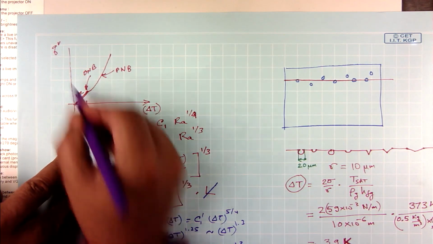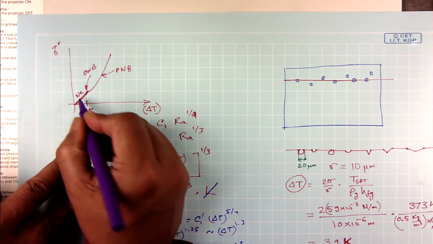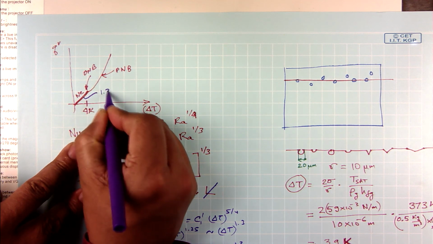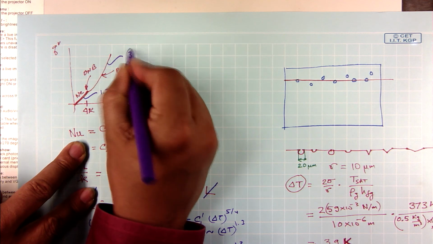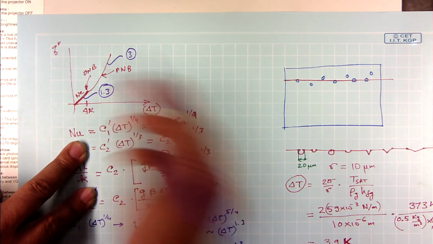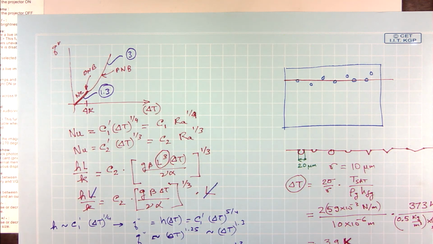So, when I plot this graph on a log scale, this one will have a slope of 1.3, and this one will have a slope of 3, because your q double prime goes as delta T cubed. Does that make sense? Okay, you all with me on this?